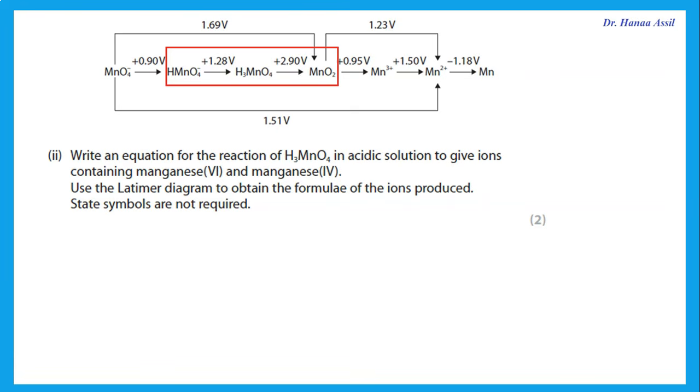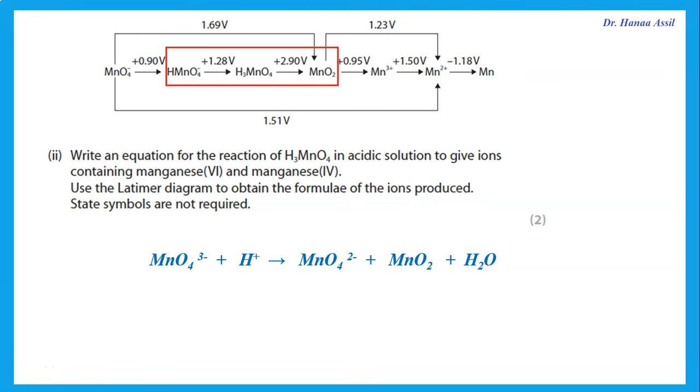Going to the right, this is manganese in the +4 state. So we're starting with MnO4 3 minus, and we're being told that this is in acidic conditions, so plus H+. And we're told that it is going to give manganese in the +6 and manganese in the +4.